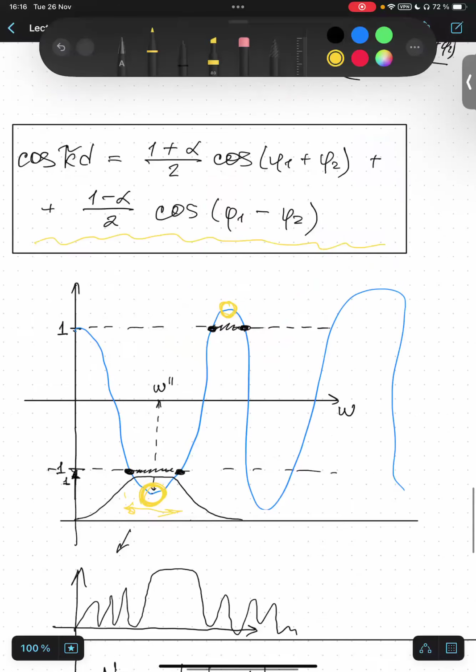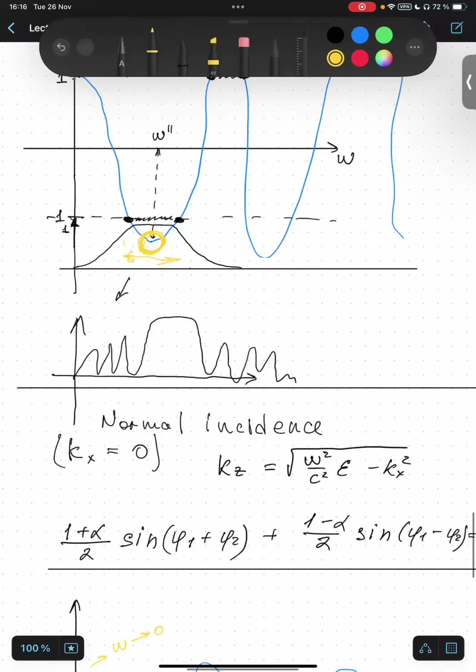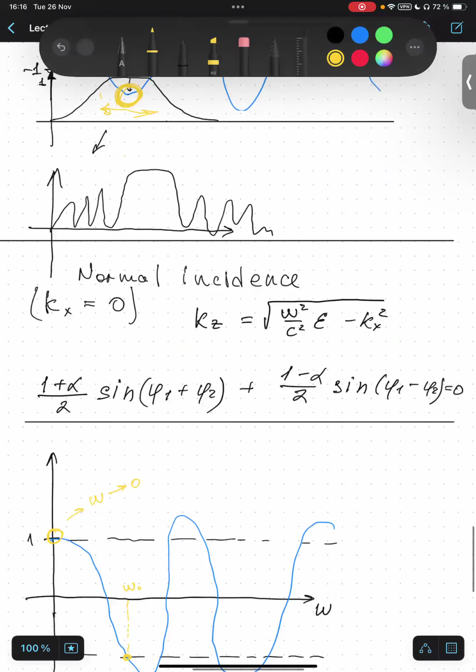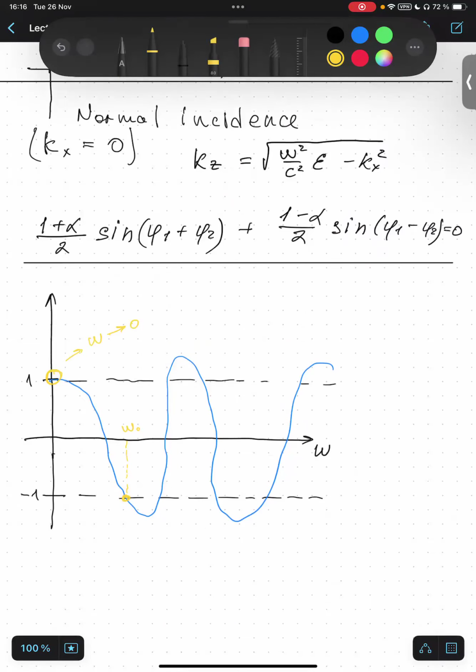So the left-hand side is 0, obviously, because here it's just -1. And the cosines become sines when you take the derivative. So here the sines come from.